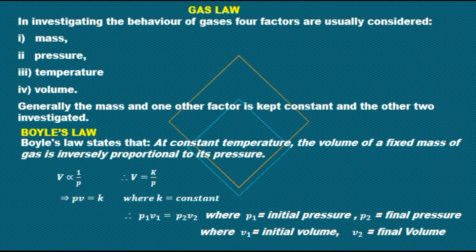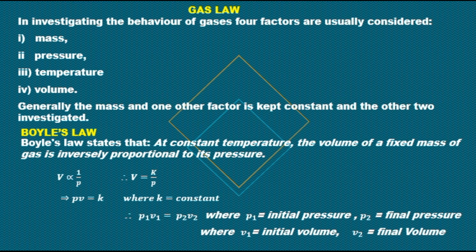The proportional sign may be replaced by an equal sign and a constant. Therefore, V equals K divided by P. And this implies that P multiplied by V equals K, where K equals the constant.